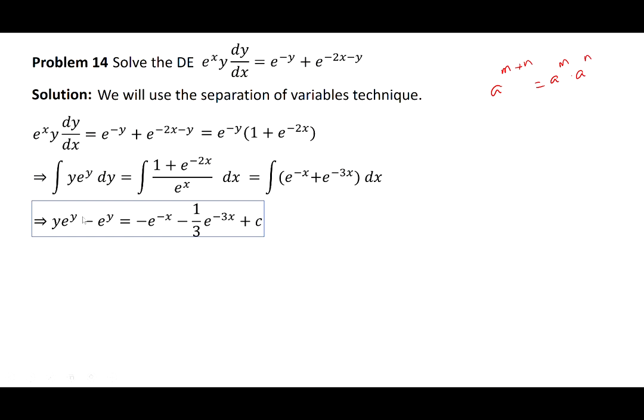Do integration by parts and that's what you get. The integral of e to the negative x is negative e to the negative x, and the integral of e to the negative 3x is negative 1/3 e to the negative 3x. Plus the arbitrary integration constant c. Cool? All right.